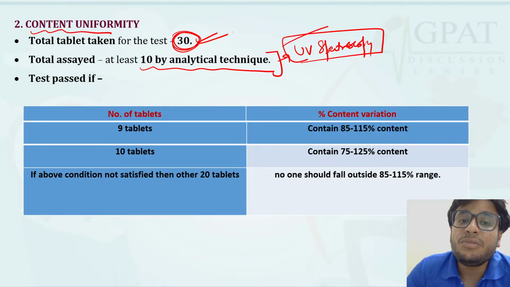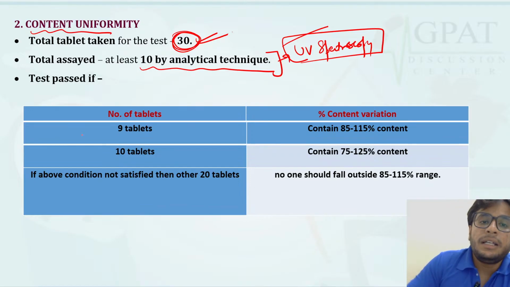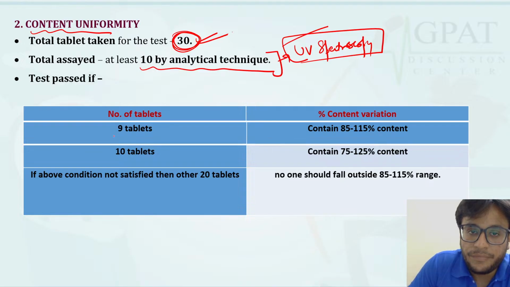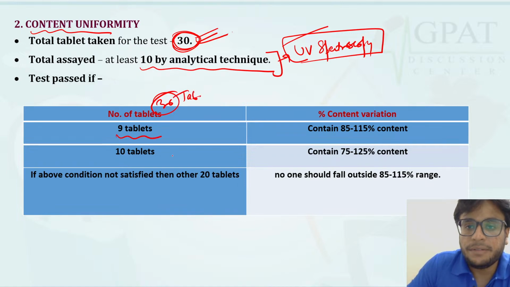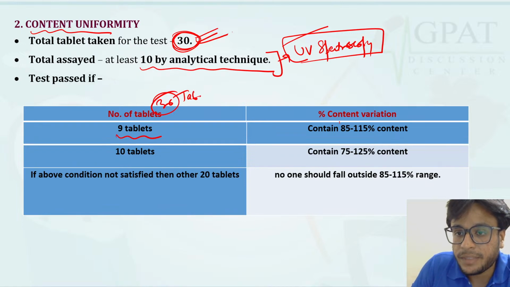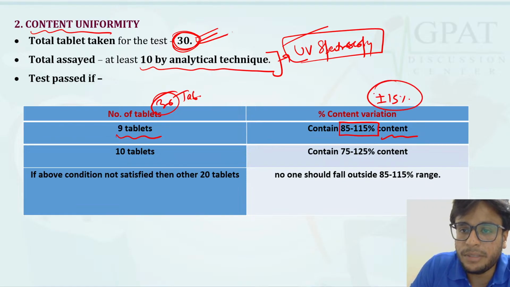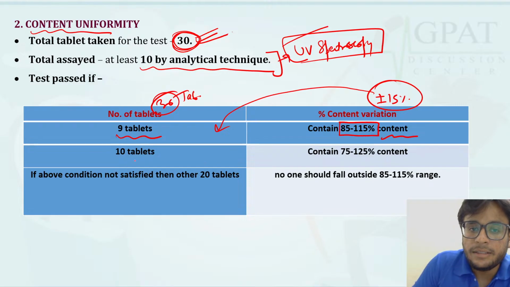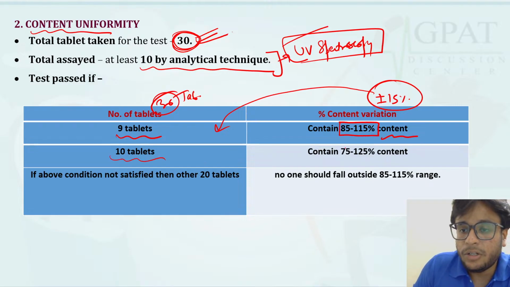The content uniformity test is passed only under certain conditions. Out of 30 tablets, 9 tablets should contain 85 to 115% of the content, so plus or minus 15% variation is allowable for 9 tablets, and 10 tablets are allowed to have a variation of plus or minus 25%.